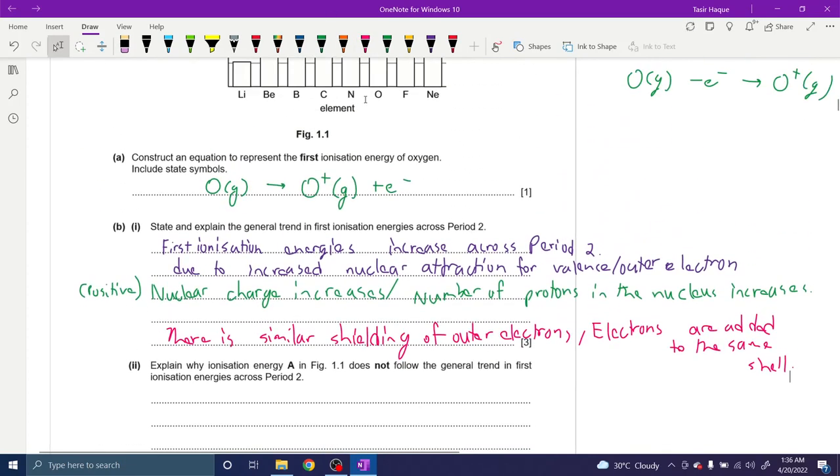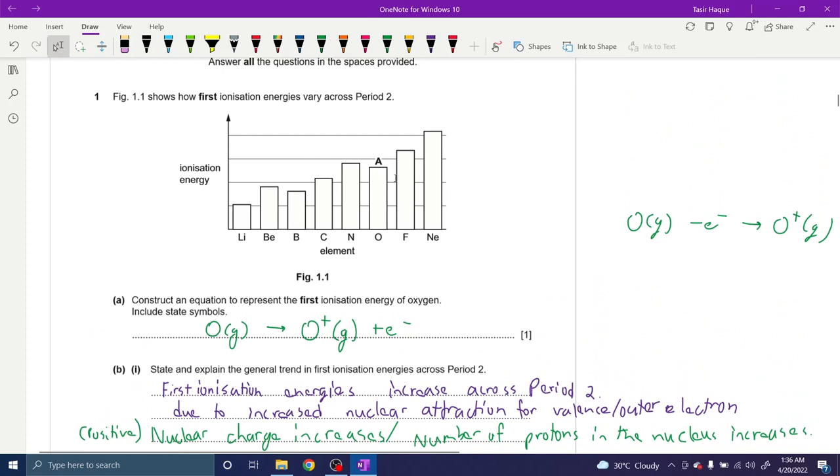So why does oxygen not follow the trend? As you can see, oxygen has an electron configuration of 1s2, 2s2. So what's the proton number of oxygen? It's 8, right? So 1s2, 2s2, 2p4. What about nitrogen? It's 1s2, 2s2, 2p3. So nitrogen has half filled orbitals, right? In the 2p orbital.